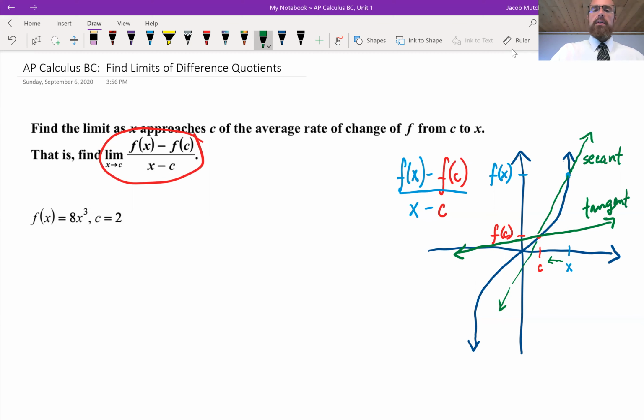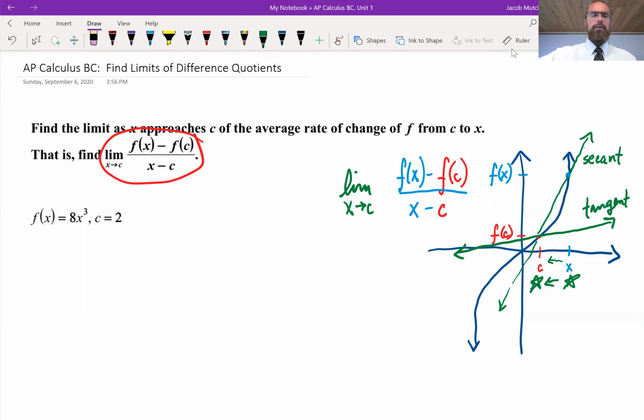And what gets us there is this idea that it's the limit as x approaches c. So we're saying that x interval is getting smaller and smaller and smaller, which should give me the instantaneous rate of change. Well, we start with average rate of change. So that's kind of the background behind this limit expression.